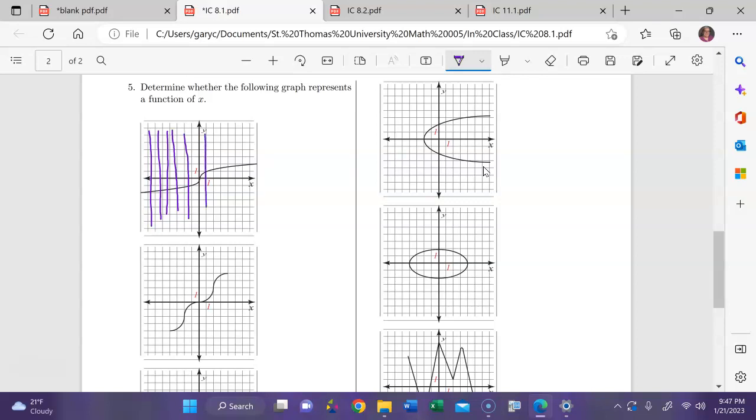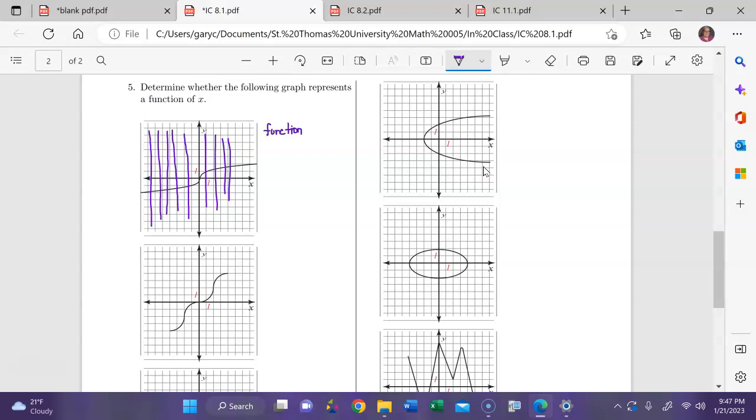Because that's the case, we're able to say that this is a function. It passes the vertical line test. If it only crosses once, you've got a function.